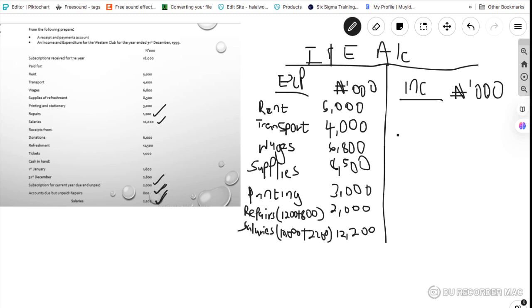Okay, now we have receipts. All items of income will come to the credit side. So this is our debit side, and this is our credit side. For receipts, we have donations. We have 6 million.